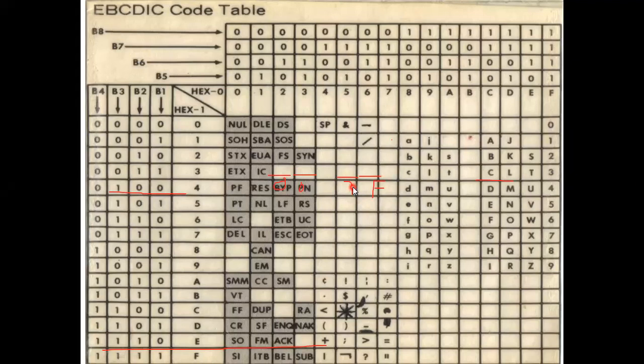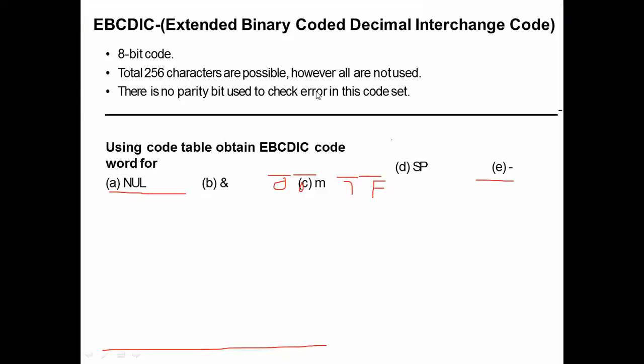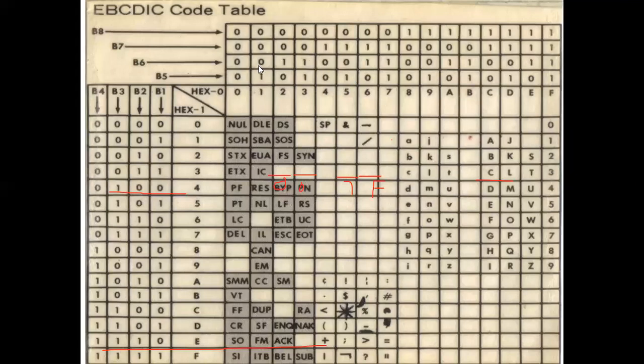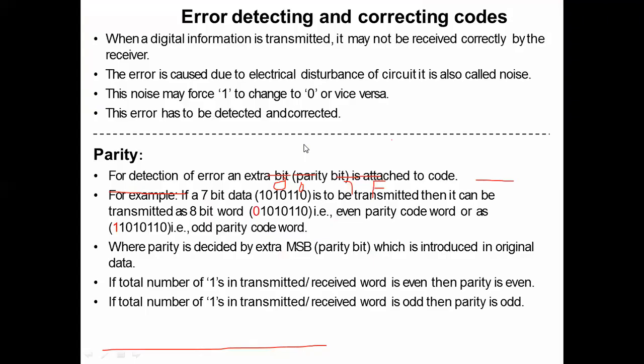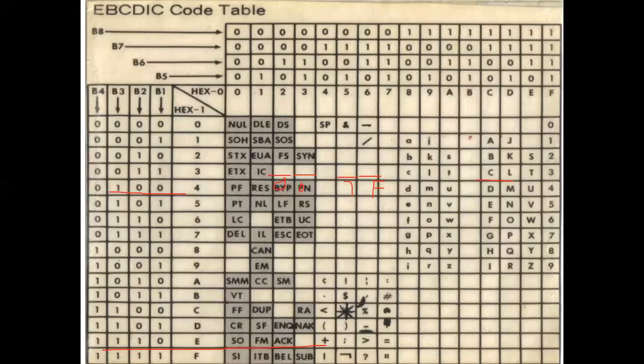Here we have 8 digits for representing each character in this code. So in this EBCDIC code, we need 8 bits. Okay, so this is also like ASCII code. These are alphanumeric codes.